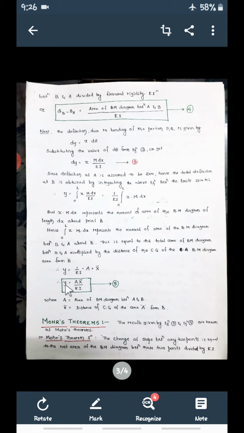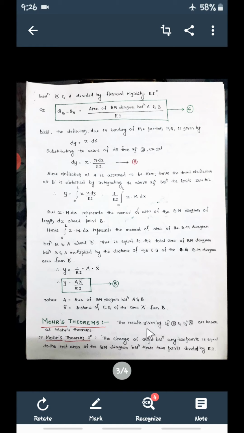So y indicates deflection and theta indicates slope. Remember, these two are important. Based on these equations, whatever equations you have generated are known as Moore's theorems. The results given by equation number 3 and equation number 6, or 5, whatever you can write.